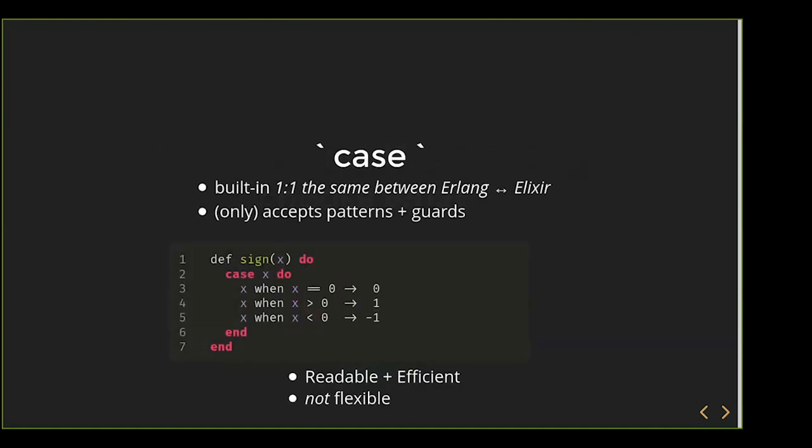Now, the case statement is what we've talked about in the beginning part of this presentation, essentially, because the case statement really requires you always to use pattern matching with possible guard clauses. The nice thing about the case statement is that it is one-to-one the same thing. It's built into the virtual machine itself. And in Erlang and Elixir, they are working exactly the same way. So as we've talked about, this results in a very readable and efficient thing. However, it's not very flexible because you really have to write your code using pattern matching with possibly guard clauses.